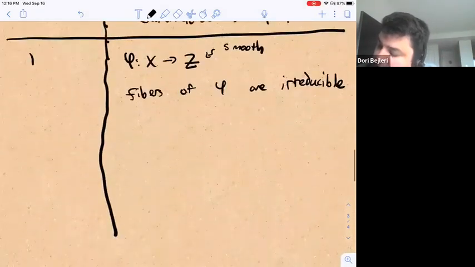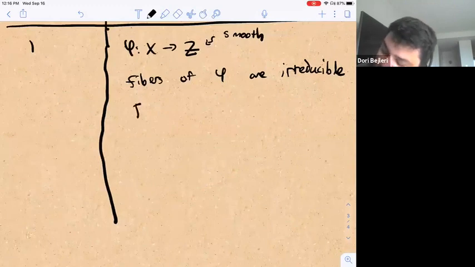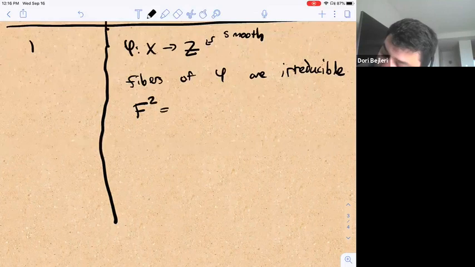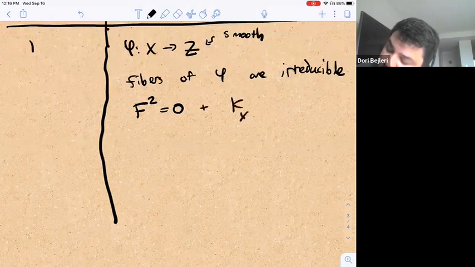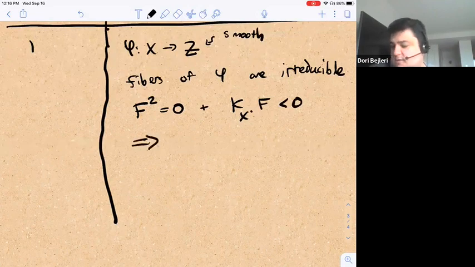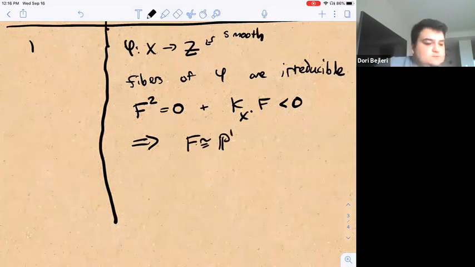And we also know that a fiber, because it's the fiber of a map to a curve, squares to 0. So if we have some irreducible curves that square to 0 and satisfy that Kx dot F is negative, because again they're on the negative side of NE bar, then again this implies that these are P1s, or at least the reduced fiber is P1.